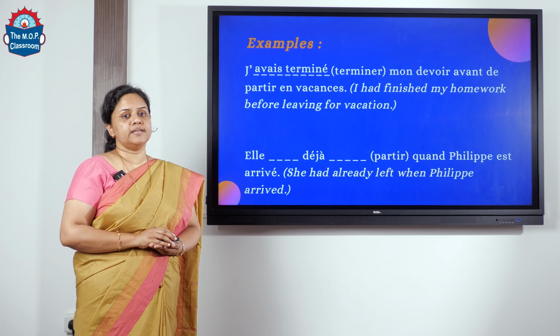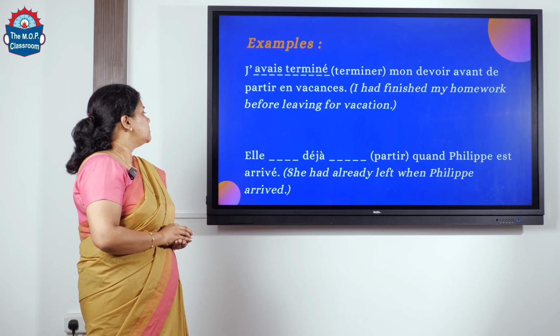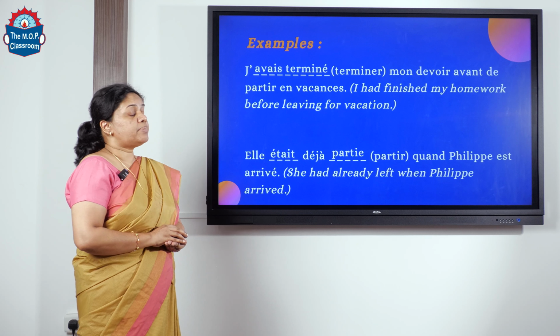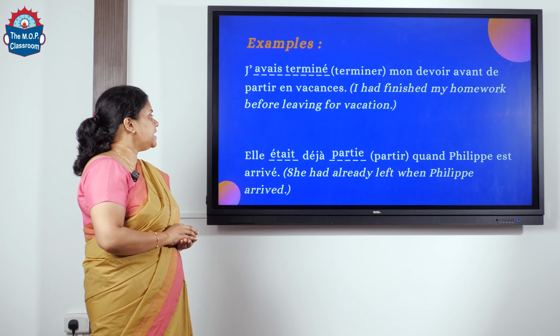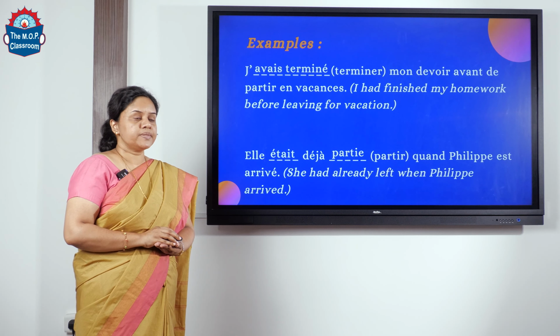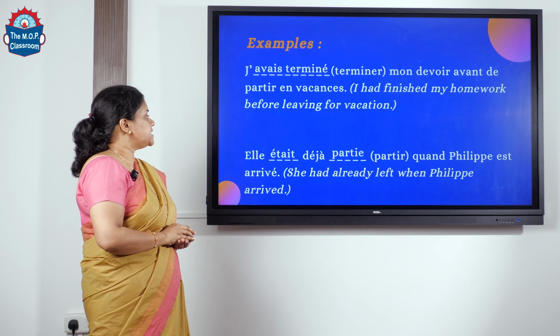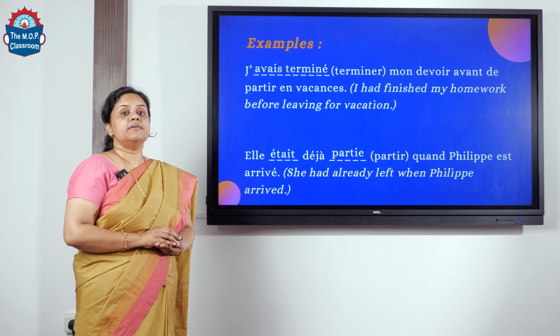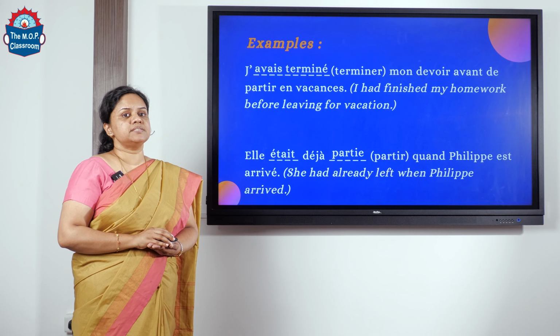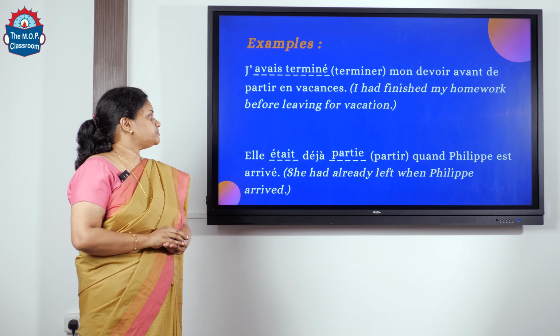So that should be in plus que parfait. So the answer is elle était déjà partie. Since partir is a verb conjugated with être, we have used était, and partie we have used with an e because agreement is there, because elle is feminine singular.